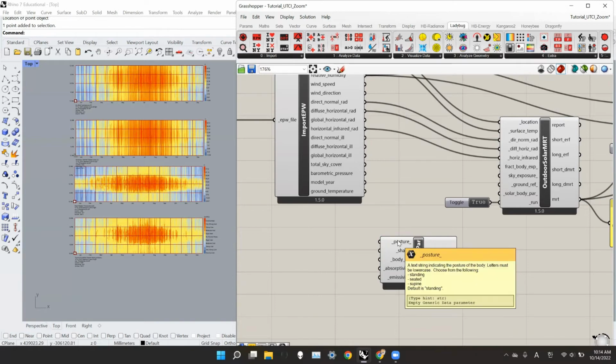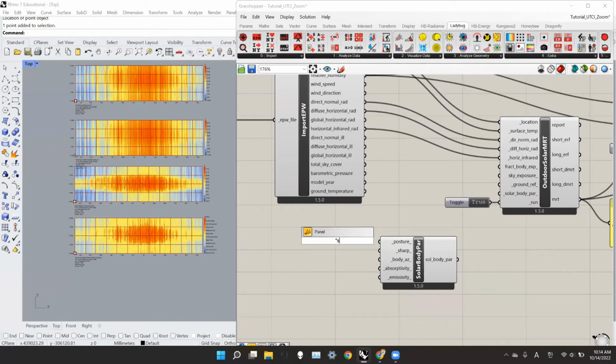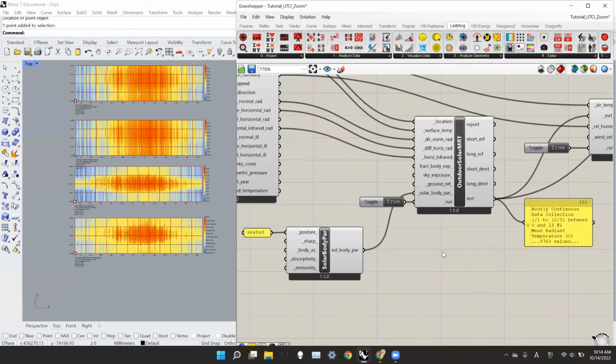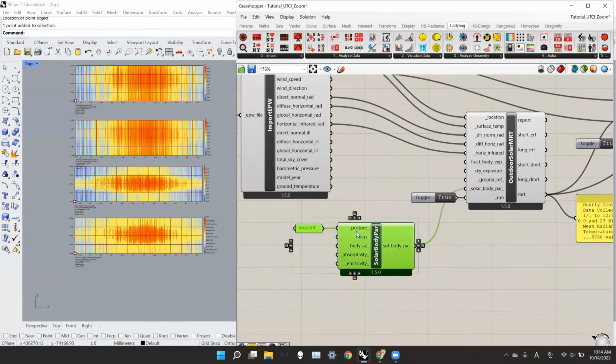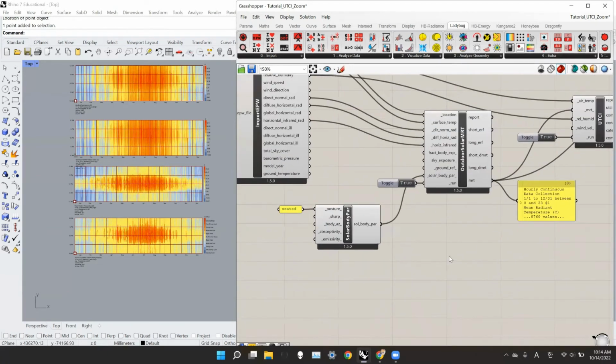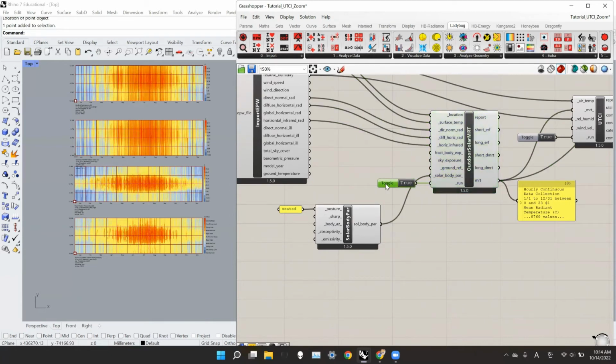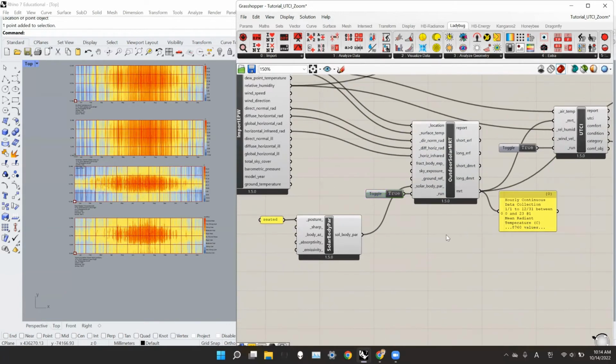So I just type seated, make it as input and bring this one. It's slightly changed, doesn't matter a lot, but yeah. So this is how you take the body position into its MRT model.